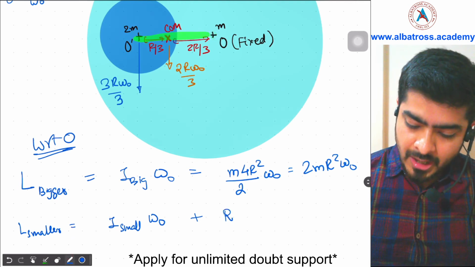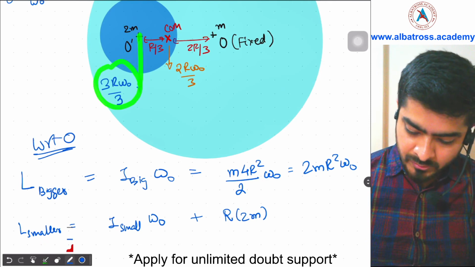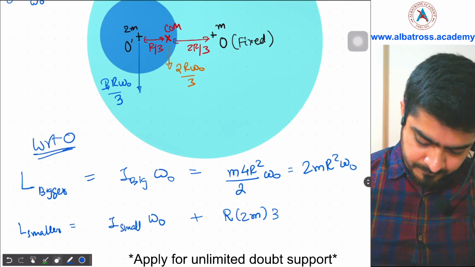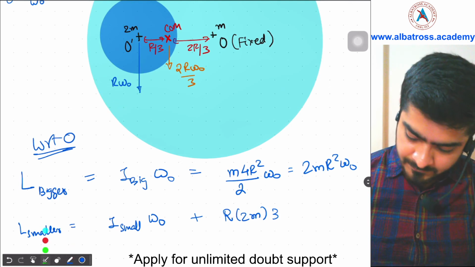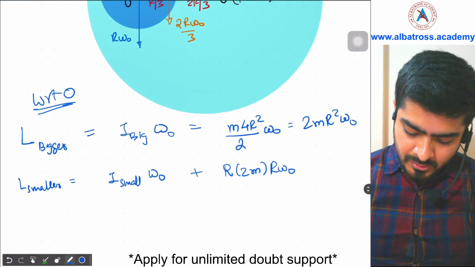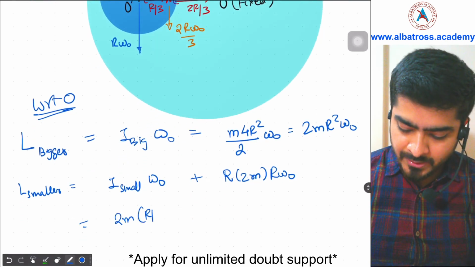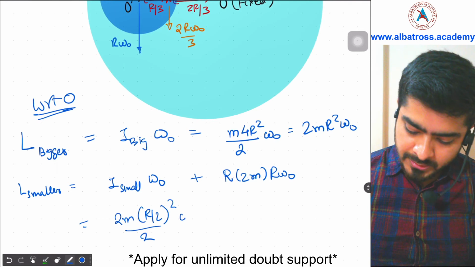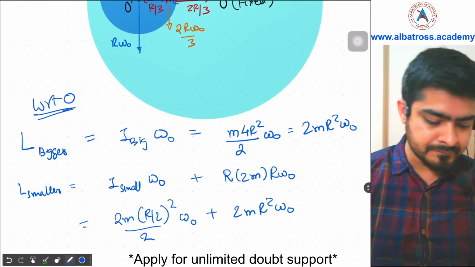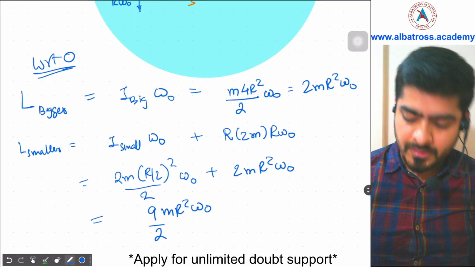So r times mass 2m times its velocity, which is 3r omega naught by 3. Wait a second, we can cancel out 3 over here. So basically r omega naught. So I small is how much? Total mass is 2m and radius is r by 2 squared, divided by 2, times omega naught, plus 2m r square omega naught. So this is equal to 9 mr square omega naught by 2.